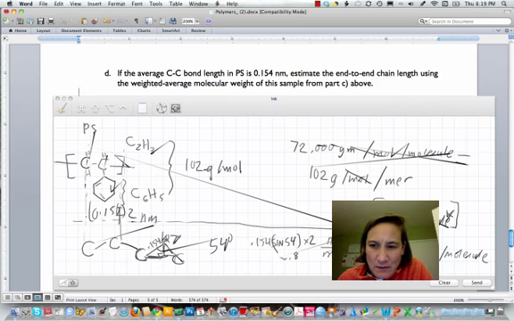So that's the approximate length per molecule, 240 nanometers.